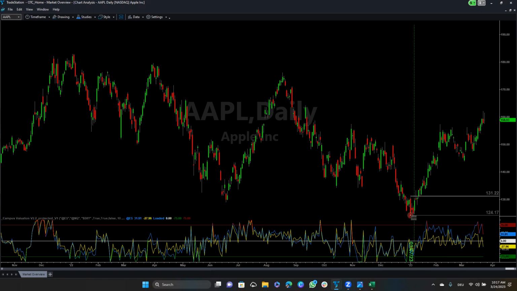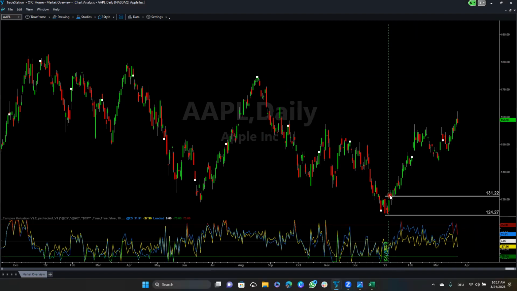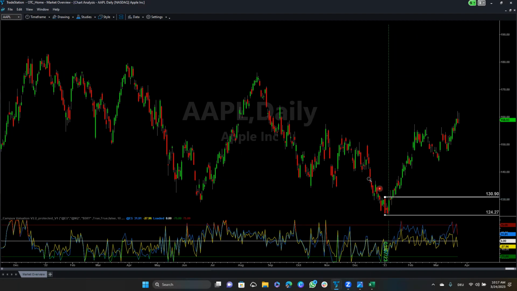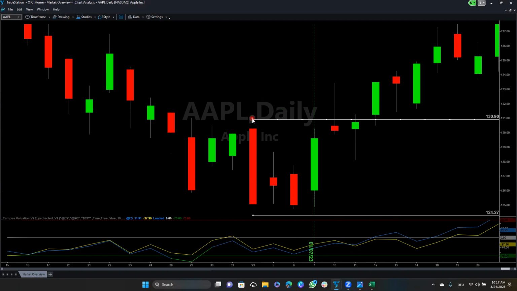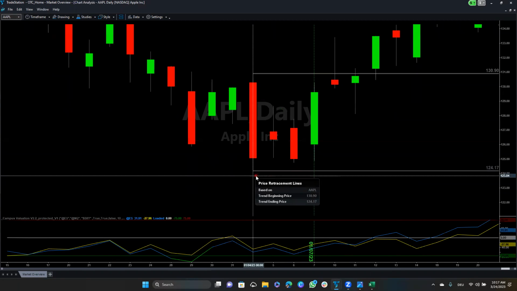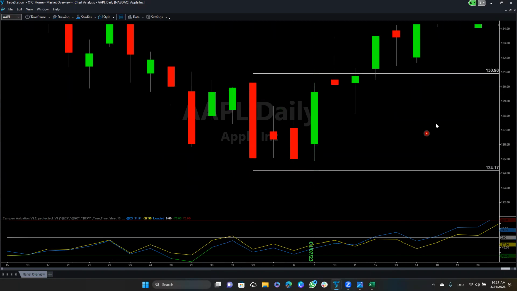This is our hammer candle here. Let me check very quickly to use the snap mode correctly. Yes, snap mode. Like this, this would be our hammer candle.